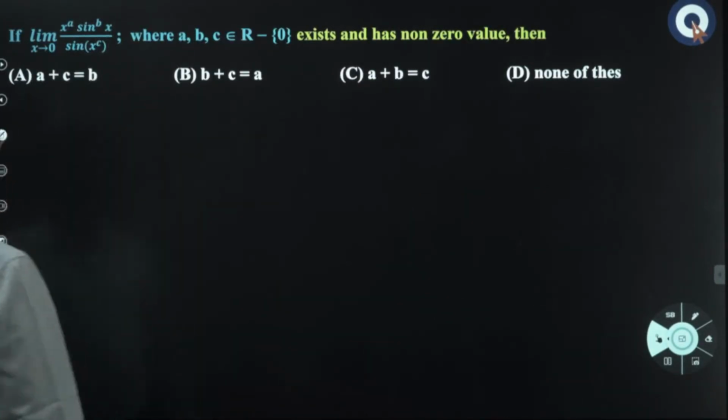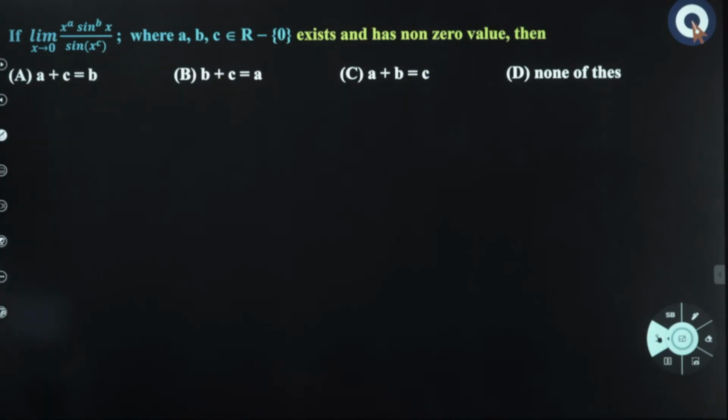Now the limit as x tends to 0 of x^a (sin x)^b / (sin x)^c. So for this, if this limit exists, what is the relation between a, b, and c?